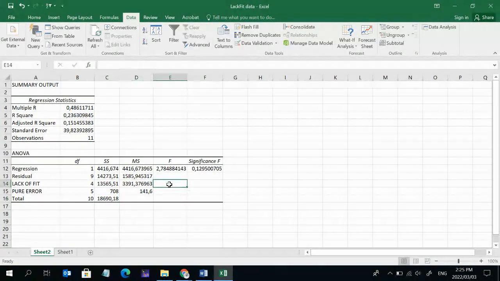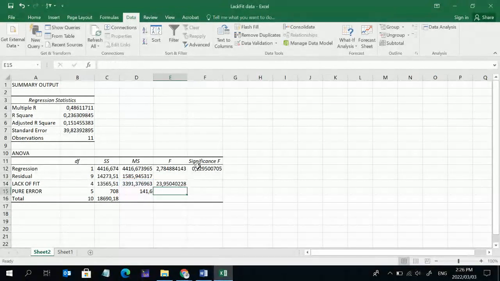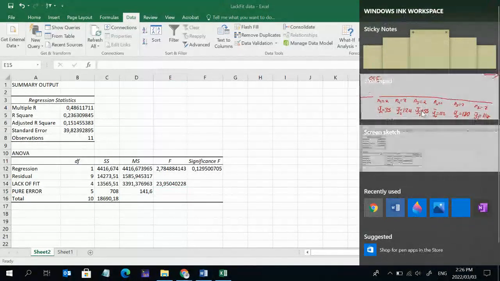Now we need the F value. The F value is the MS lack of fit divided by the MS2 error, and our value is 23.95. So we have to compare this value because this is the calculated value.